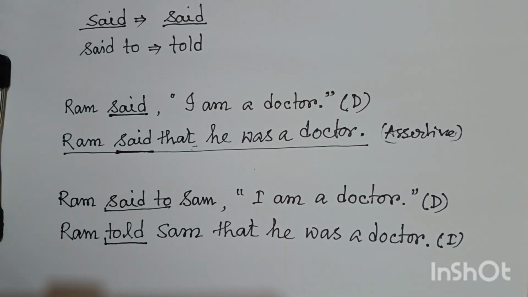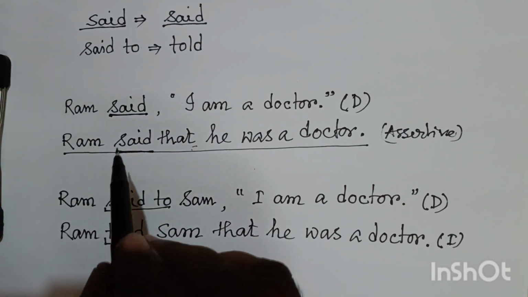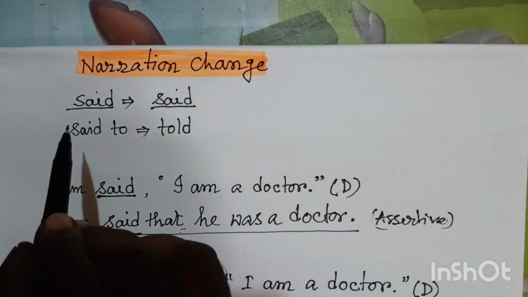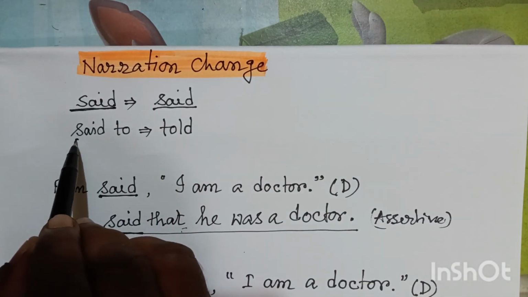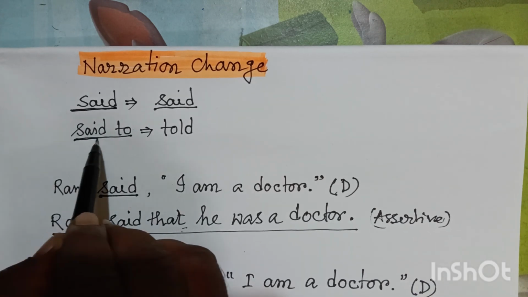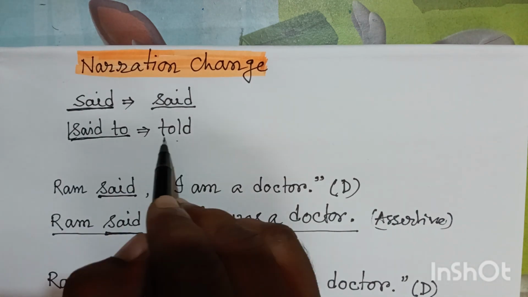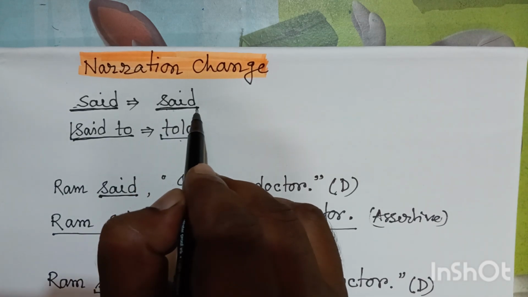Now the question is: why should we write told here, and why should we write said here? Actually, in books or anywhere, you can see the teachers normally tell you if there is "said to," write told; if there is "said," write said.